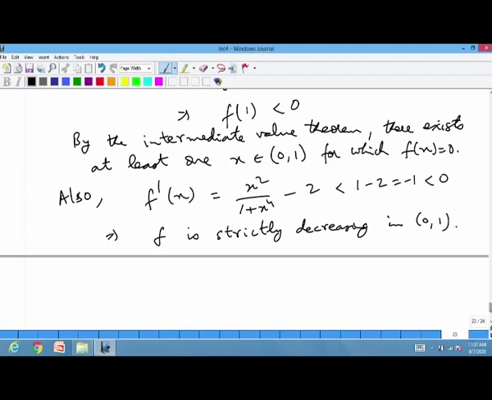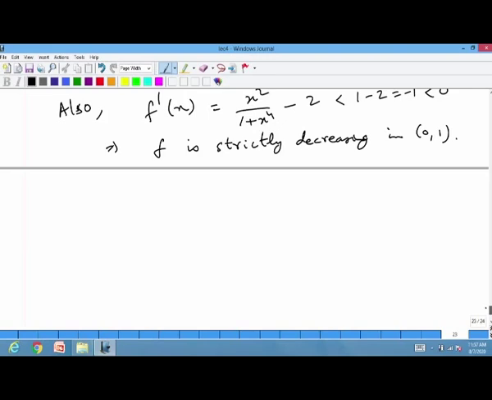So, f is a strictly decreasing function, which means that f cannot have more than 1 zero. So, this implies f can have at most 1 zero in 0, 1.